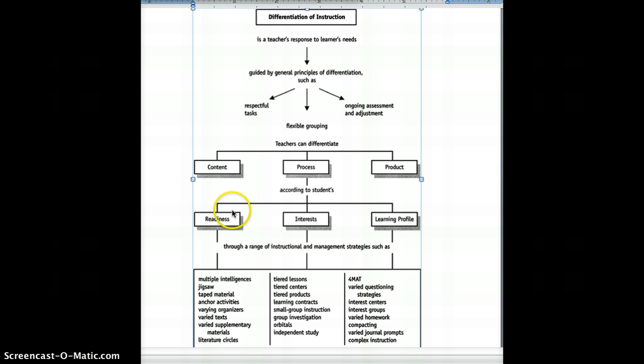So that's readiness. Another thing we can differentiate is interest. You can differentiate your lessons to be there for more students more of the time, which is how I explained it to you in our first session when we met online. That is what differentiation is: how can I connect to more students more of the time? One way is according to their interests. What interests them?